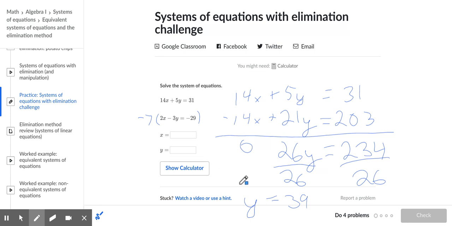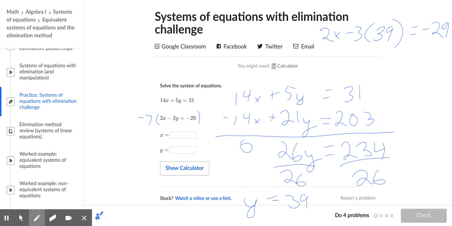And now I need to get x. So I can plug the y that I found into either one of these equations and then just solve for x. I'm going to plug into this equation because it's got smaller numbers, so the math will be a little bit easier there. So 2x minus 3 times y is 39. That's where I'm going to put my 39, equals negative 29.